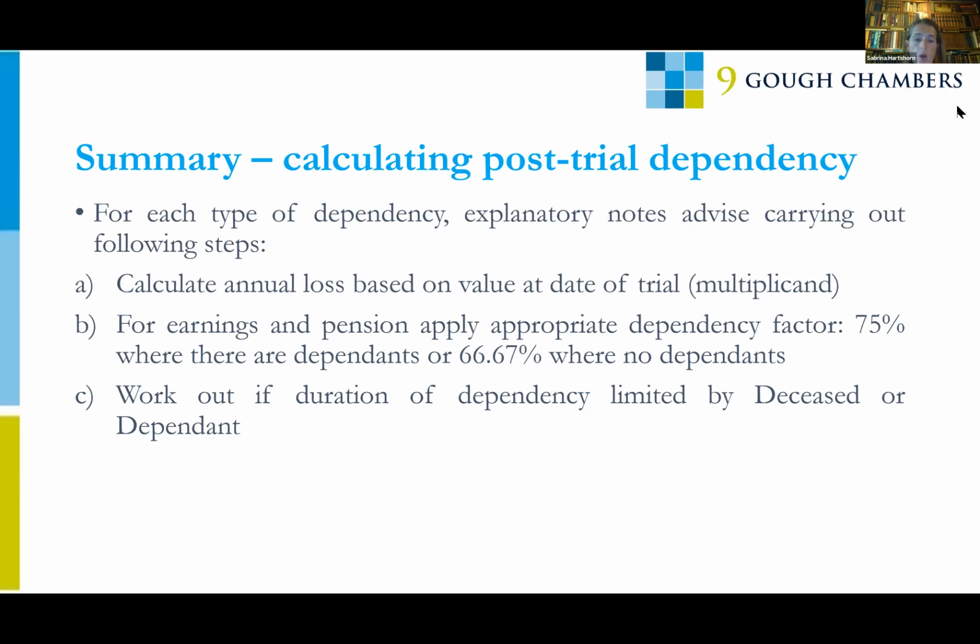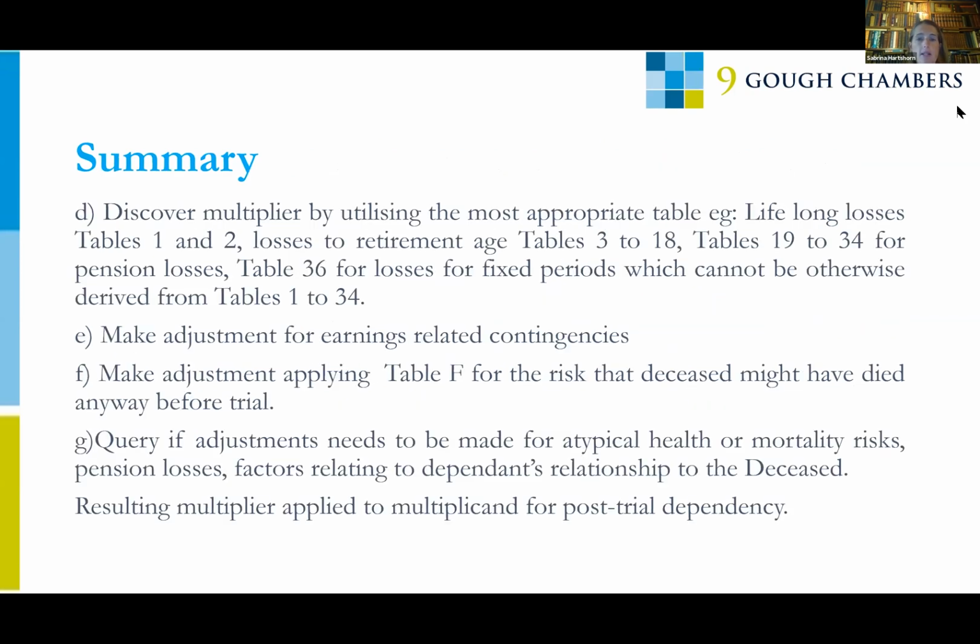66.67%. Work out then your duration of dependency and discover your multiplier by utilizing the most appropriate table from the Ogden tables: lifelong losses, tables 1 to 2, losses to retirement age, tables 3 to 18, tables 19 to 34 for pension losses, and table 36 for losses of fixed periods, which cannot be derived from tables 1 to 34.